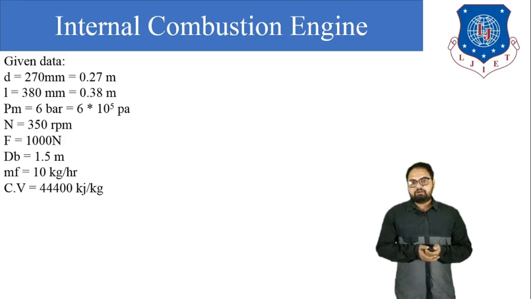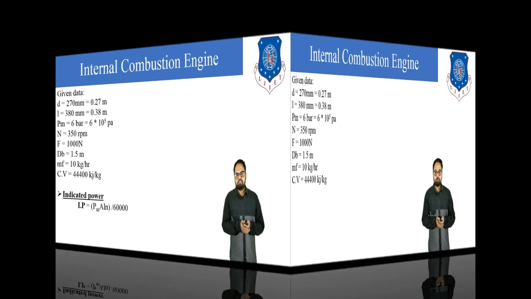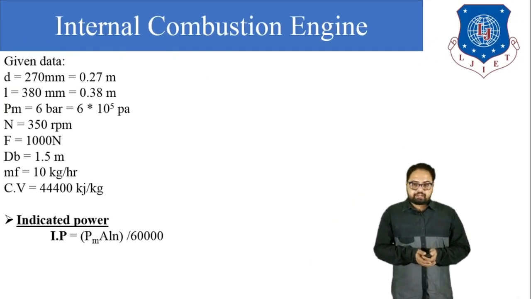Load on the drum is 1000 Newton. Diameter of the brake drum is 1.5 meter. Mass of the fuel is 10 kilogram per hour and calorific value of the fuel is 44,400 kilojoule per kilogram. Now we need to calculate brake power and indicated power. So let's start with the indicated power.